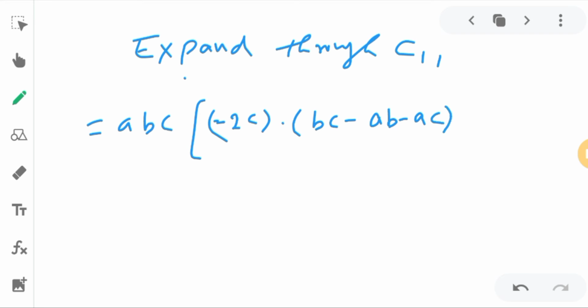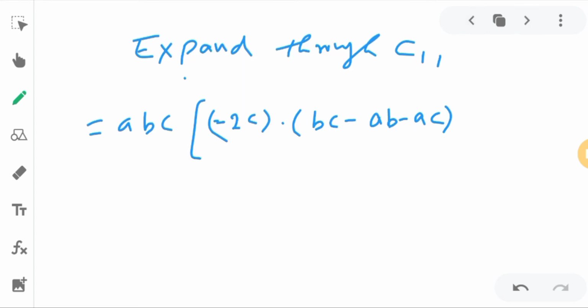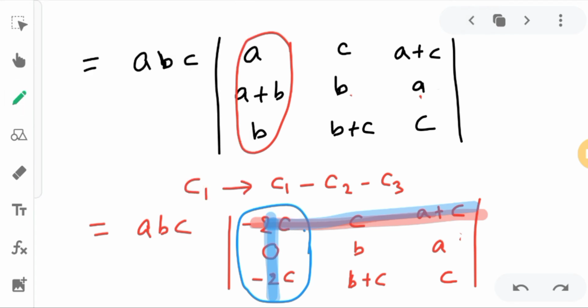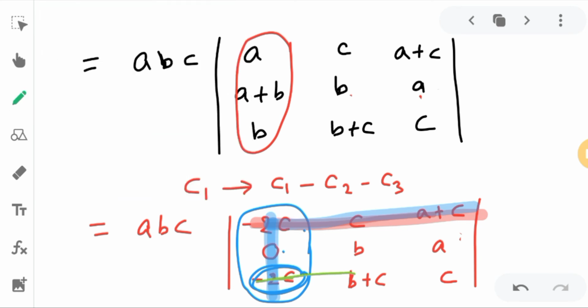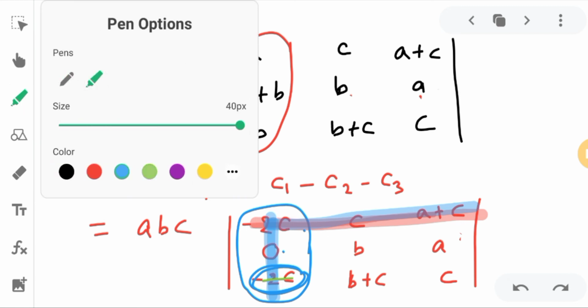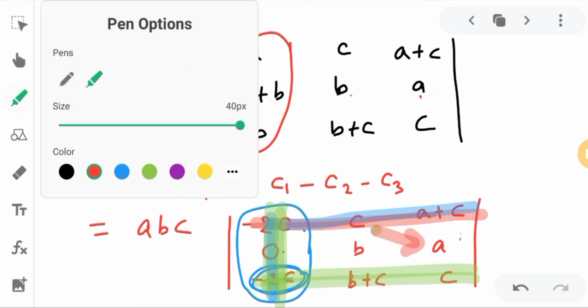Okay, now the second element. This one is 0, so no need to do anything. Now the third element, 2C. This row and this column will go. The remaining will be C into A, correct?